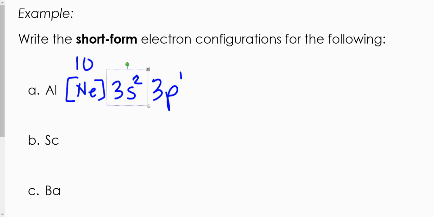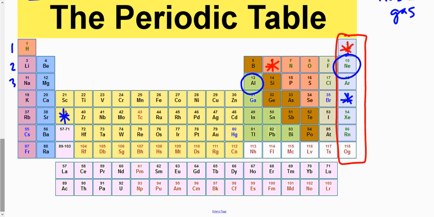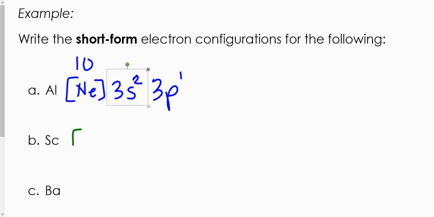So let's do another one. Let's do scandium. All right, so let's find that on here, right here, number 21. So the noble gas we're going to use for this one would be argon. So argon is right here, so 18. So argon is 18, and scandium is in row 4. So I'm going to write Ar in brackets.